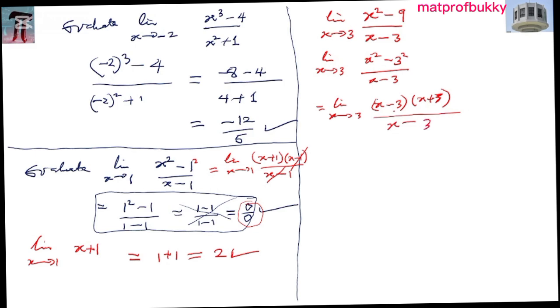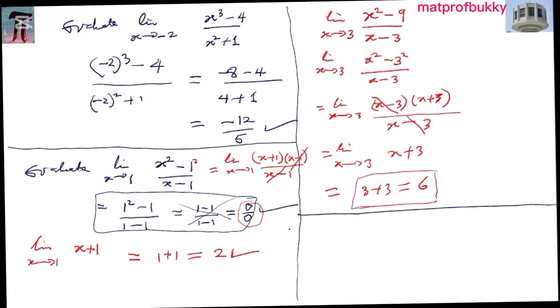The x minus 3 takes care of the x minus 3, so we are left with the limit as x goes to 3 of x plus 3. Then direct substitution will now give us 3 plus 3, and the limit of this function as x tends to 3 is now 6.